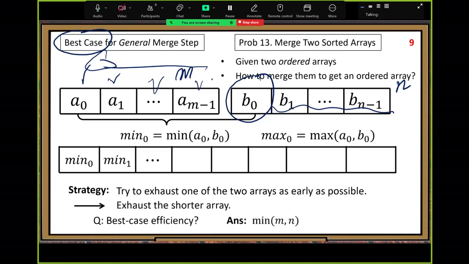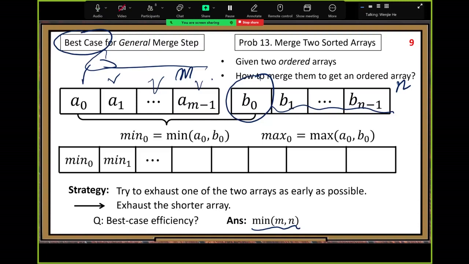So you assume you use an element in the longer subarray, the smallest one in the longer subarray. It's already enough to beat all elements in the shorter subarray. Then you are done. After the minimum of this many comparisons, you put all the elements in the smaller subarray in place.